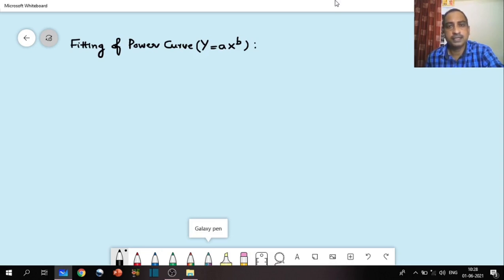In such cases, by some simple transformations, we convert non-linear into linear form. Such types of curves are power curves and exponential curves. So let us see how to fit a power curve for the given n data points.